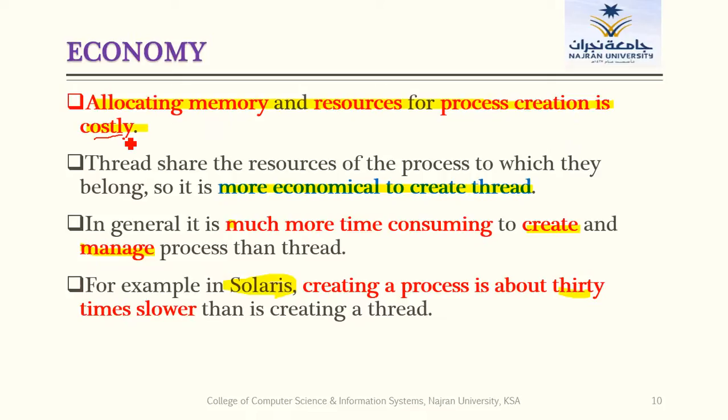If we are going to create a process, it is costly to allocate memory and resources. And after creating a process, we also have to manage it, and managing a process is also very time consuming. So we also discussed one example in the Solaris operating system: creating a process is 30 times slower than the creation of a thread.